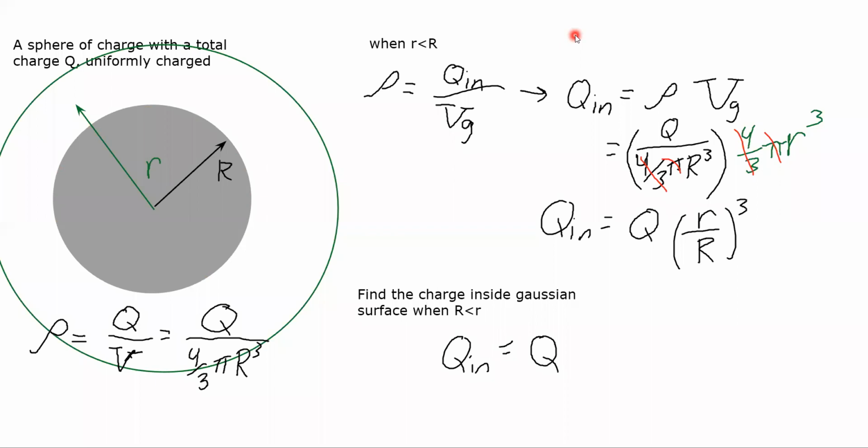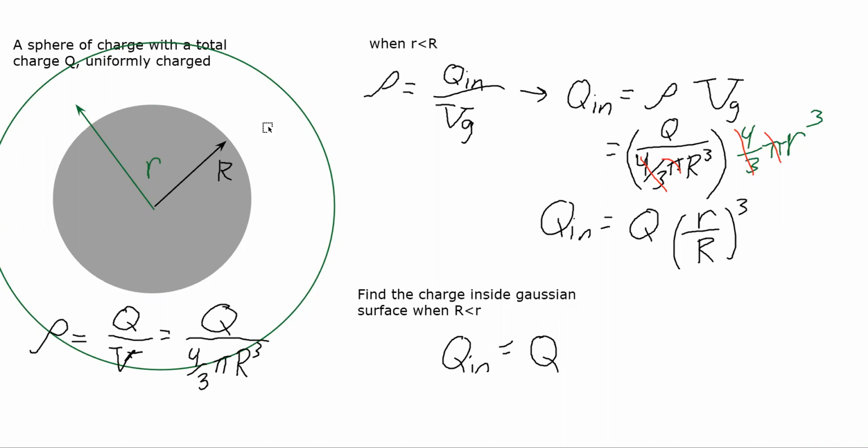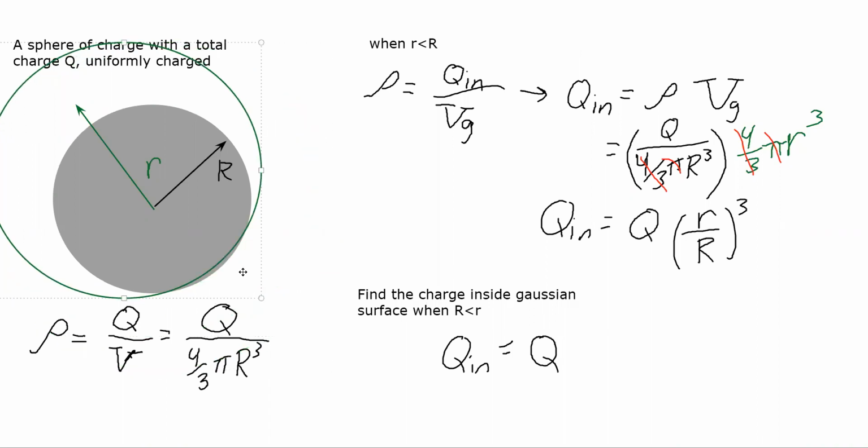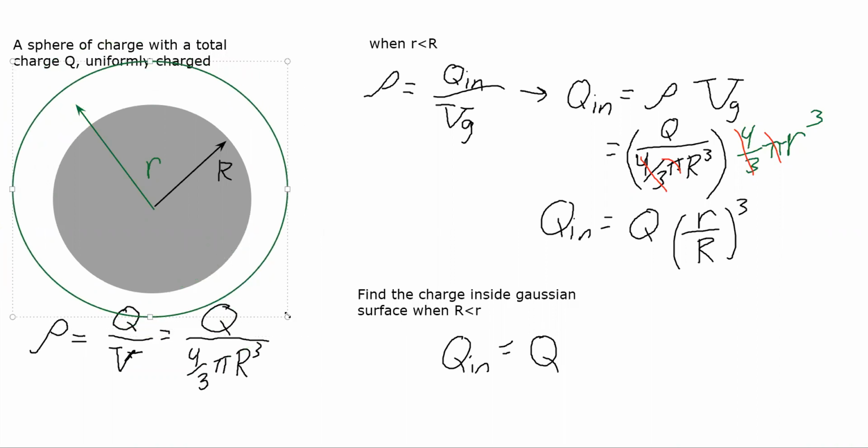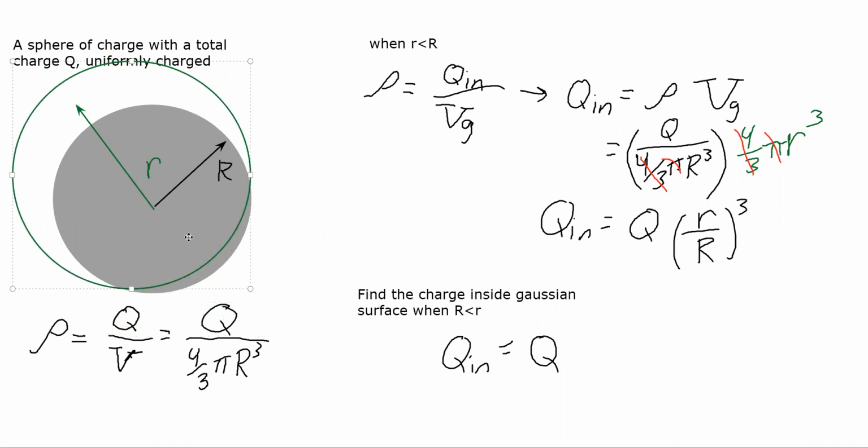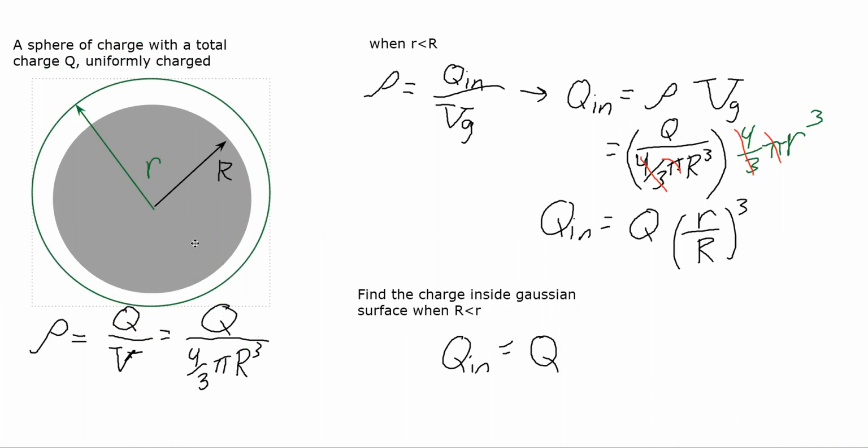Right. So let me see if I can make this. All right, something like that. Okay, so in that case, it's just Q inside. All right, so a pretty straightforward example.